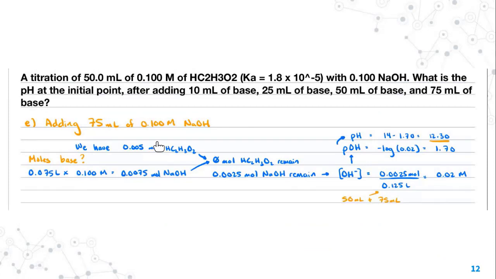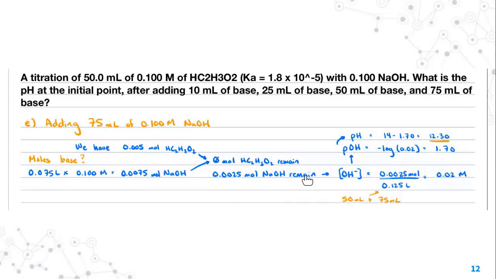Okay, a final scenario. We're adding in 75 milliliters of 0.100 molarity NaOH. Remember we had 0.005 moles of the acid. So we're finding our moles of the base again: volume times molarity gives you moles. Let's combine those and see what we run out of. We run out of the acid, and we're only left with the base.